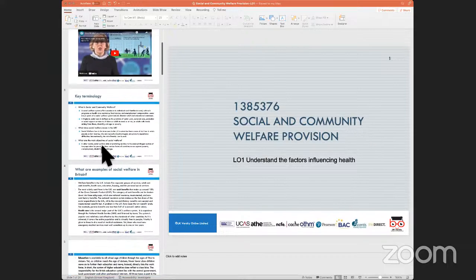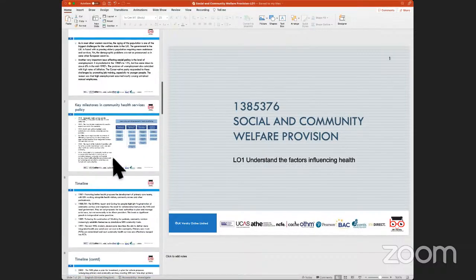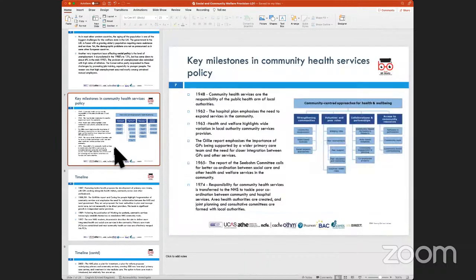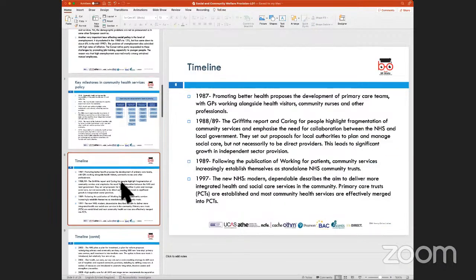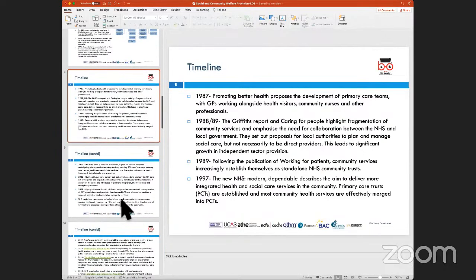When we discussed Learning Outcome 1, we discussed some of the key milestones which have been introduced and how the provision of social and community welfare has been brought into our healthcare system. We look at a timeline which started in 1948 and goes up to 2010 with the formation of the NHS Constitution.